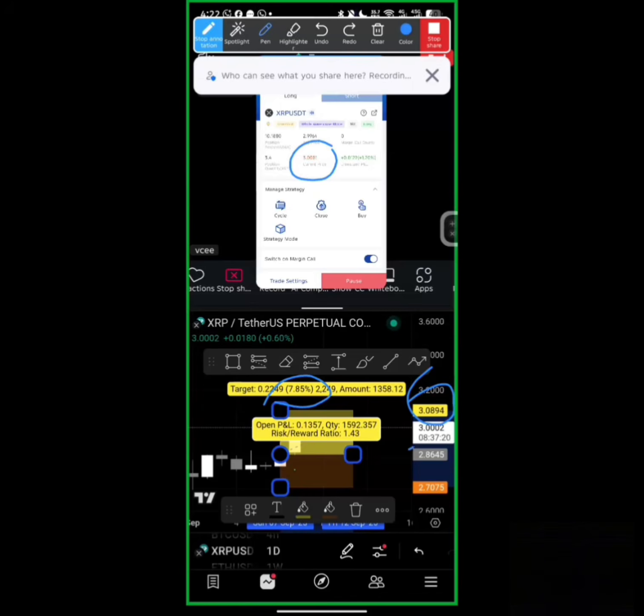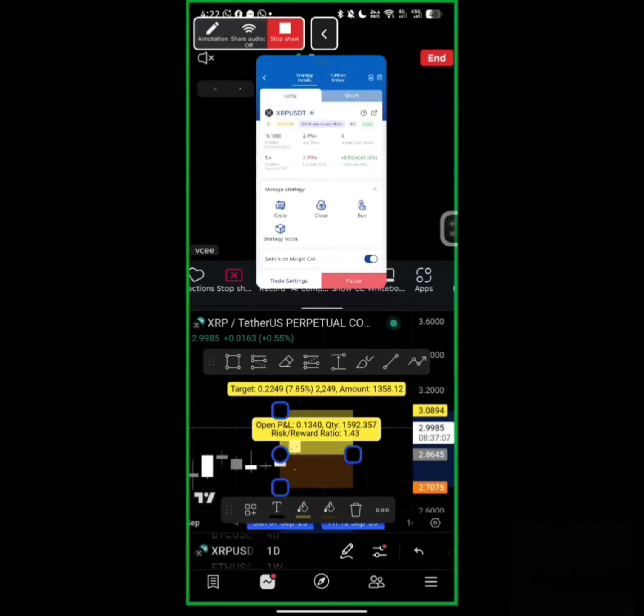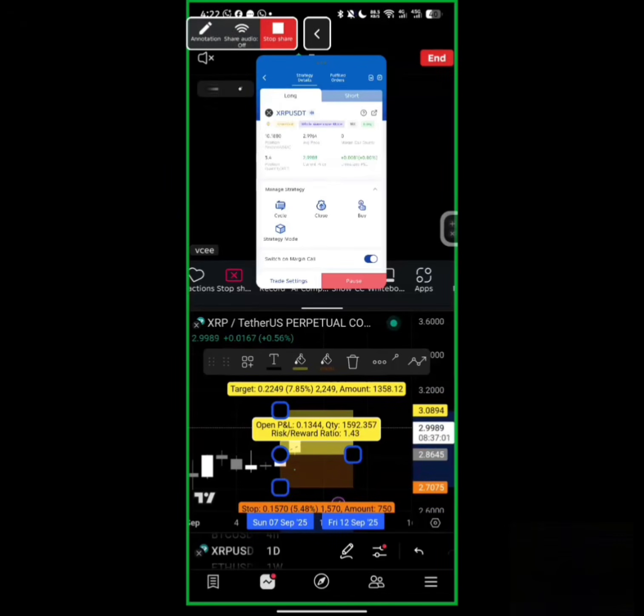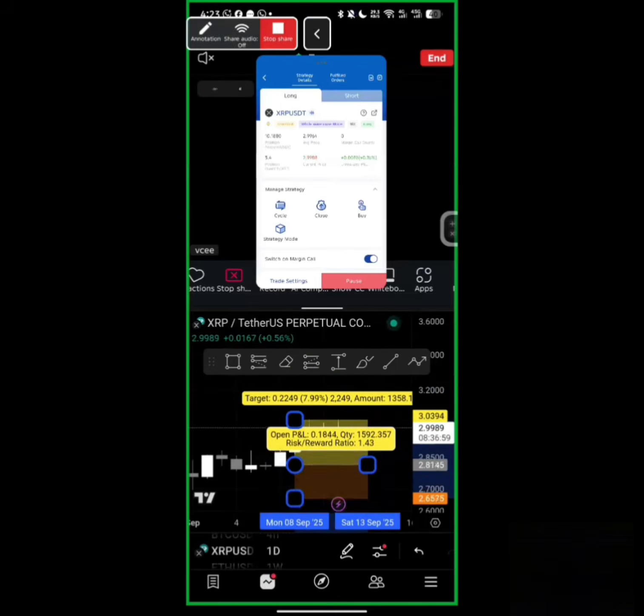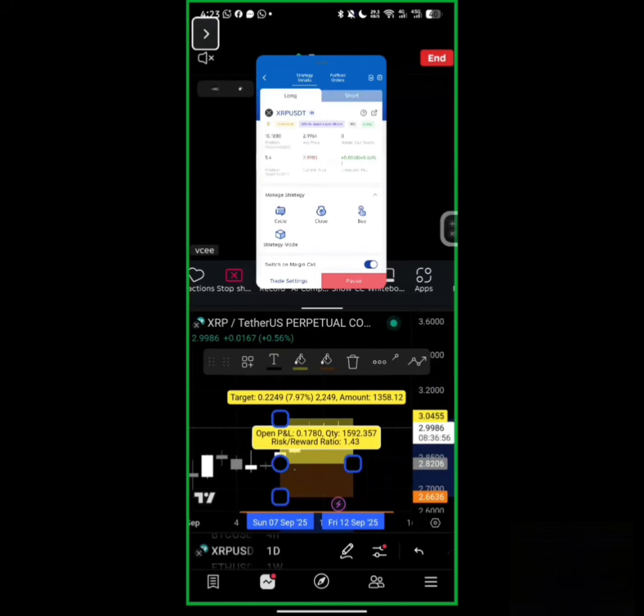So we entered the trade from 2.8. The price was 2.8 when we entered, and our stop loss is 2.7. So if the price goes down to 2.7, we lose this percentage. See the percentage we are going to lose here, down at the bottom here.